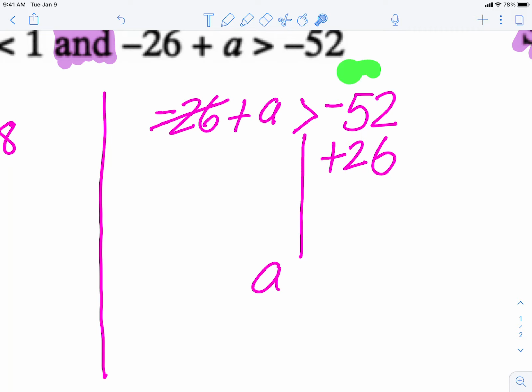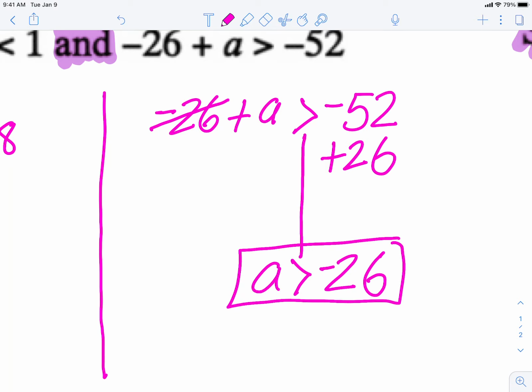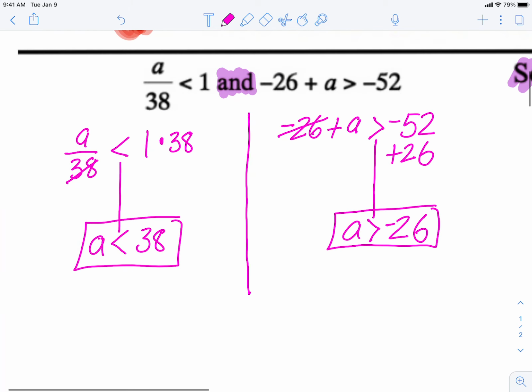So negative 52 and positive 26 are not the same signs, so I have to subtract them. 52 minus 26 is 26. And it's a negative 26 because 52 is negative and it's bigger. And since I did not divide or multiply by a negative, my arrow is going to stay the same. And that's my second answer.